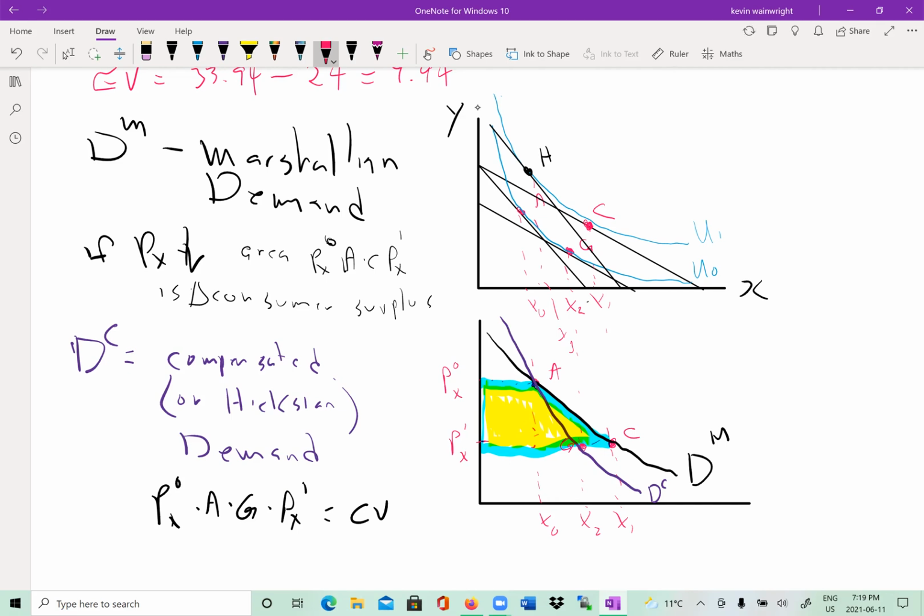And I bring X3 down and put it in the graph. It's the same price as A, but further over.